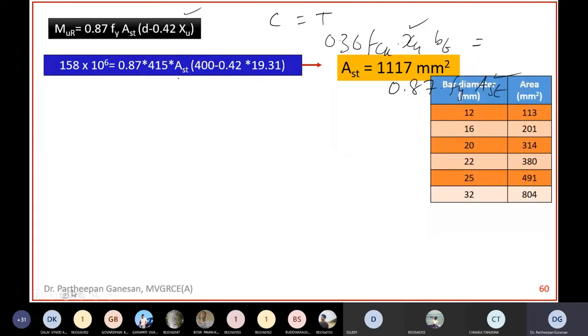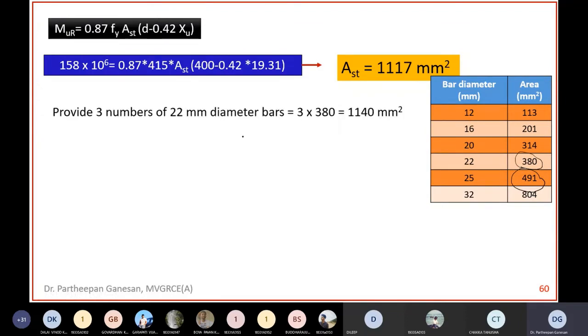Now if you see here, here is my table. If I put 2 numbers of this one, I will only get 982, right? So if I put 3 numbers of this one, I can get almost equivalent. So I am going with 3 numbers of 22 mm. So 3 into 380, 1140.